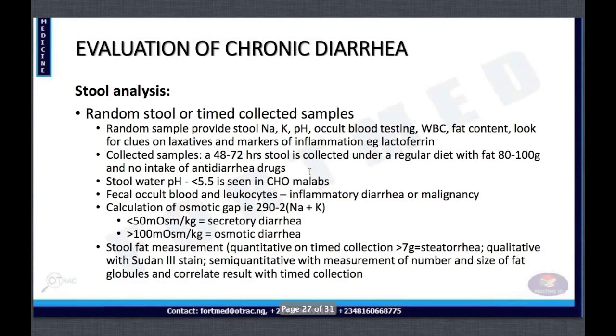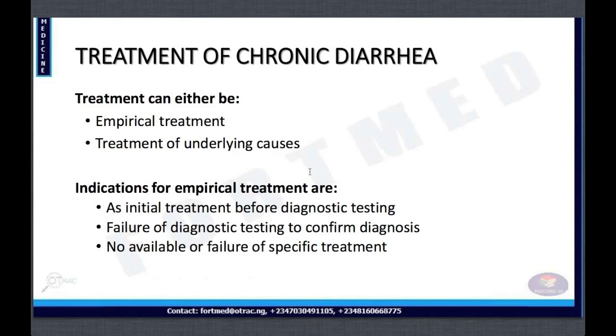For your close observation, other things to do is to find the osmotic gap of the stool, which will help you classify it as secretory or osmotic. Other things are as listed. The treatment of chronic diarrhea can be empiric while the underlying cause has not been determined, or once the underlying cause has been determined, you give a specific treatment for it.